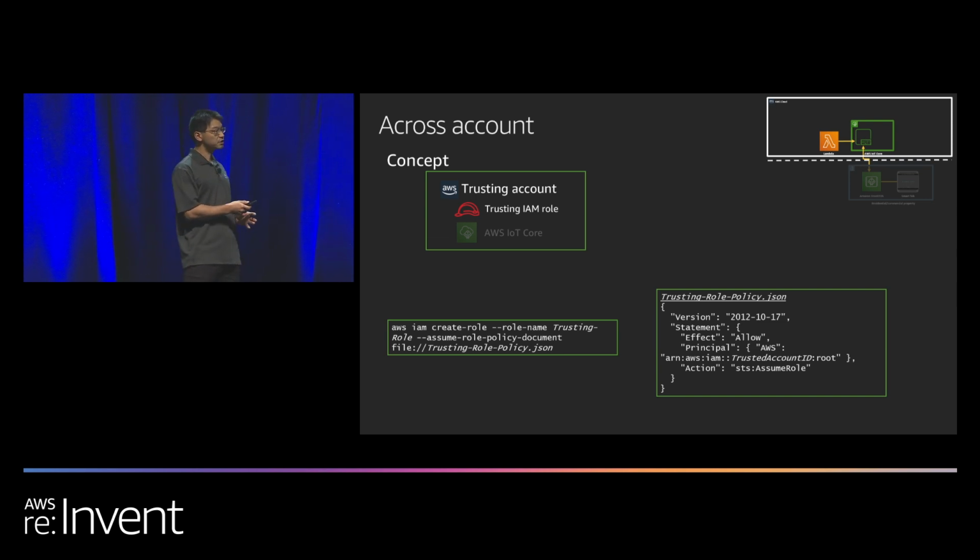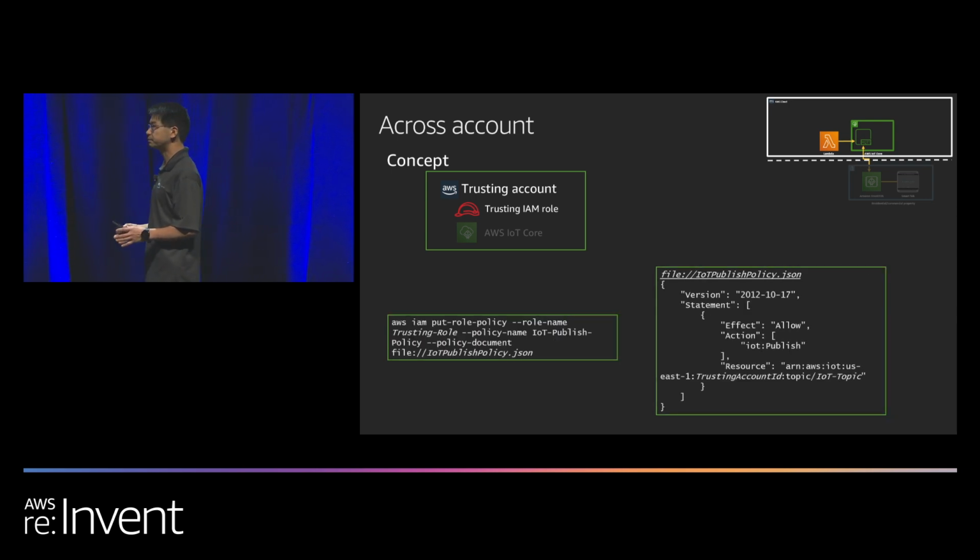Here, as you can see, we name the principal as the trusted account ID. We will introduce this trusted account soon. But the key thing is we need to put AssumeRole into the action so that this role is able to let the trusted account assume it.